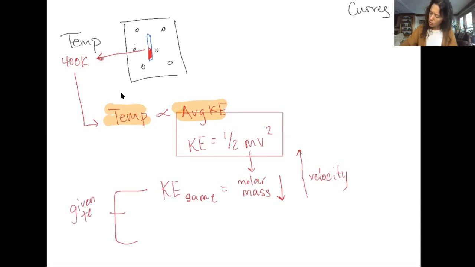So what I'm saying is, if I have a light gas particle in terms of mass, it will have a higher velocity.